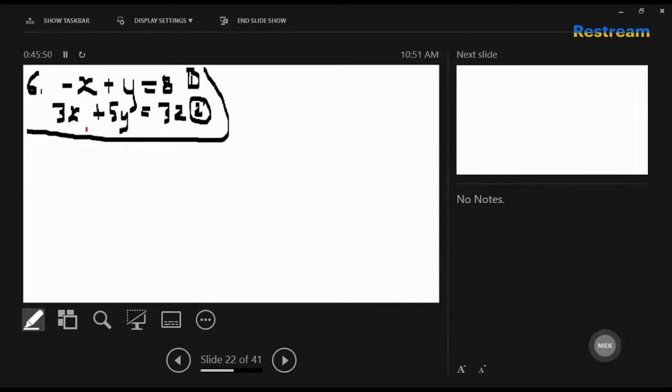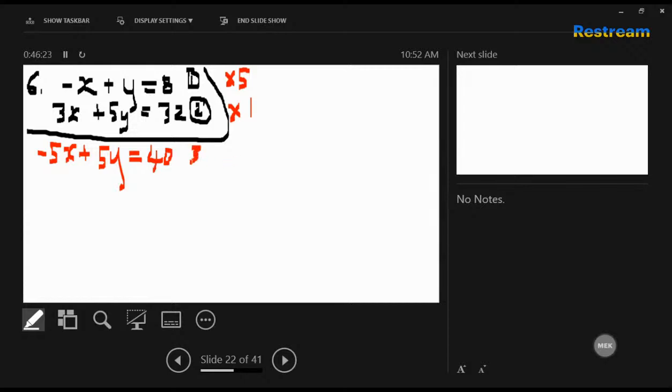But you can use any method, especially if you are specifically asked to use a particular method. So what I'm going to do is work with the y's. I'm going to multiply the first equation by 5 and the second equation by 1. And that would give me negative 5x plus 5y equals 40.